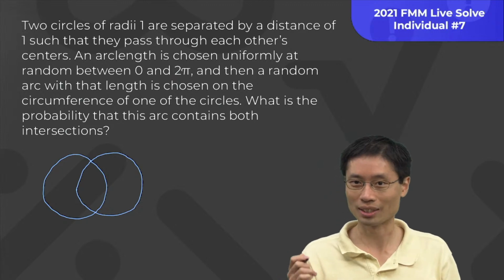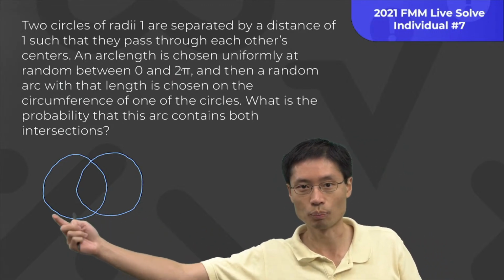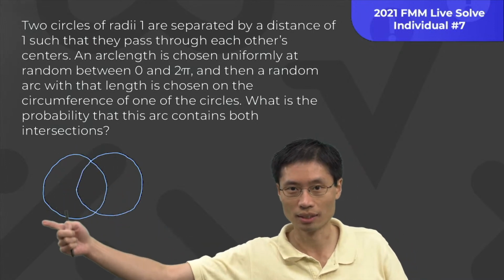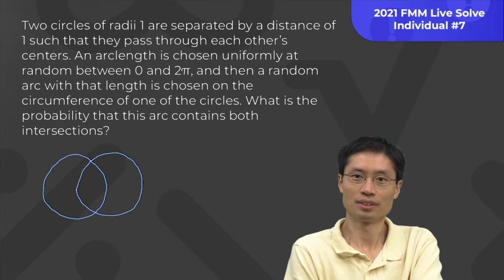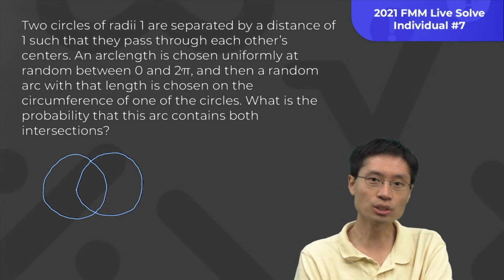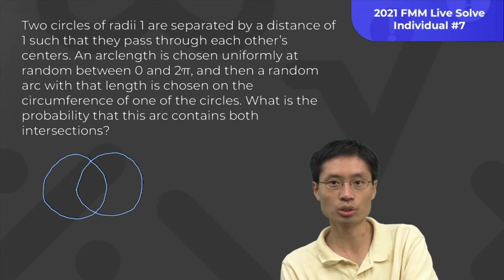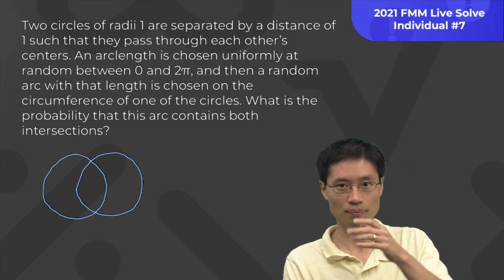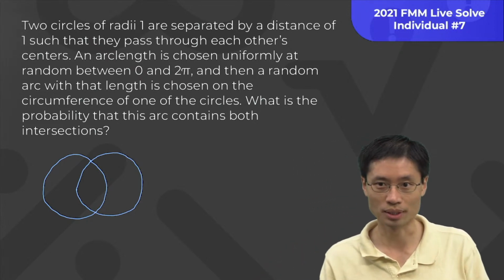So let's just assume that we're picking a uniform arc length over here. Interesting. So actually, first you choose the length, and then after you choose the length, then you decide where it sits. This is a geometric probability problem.